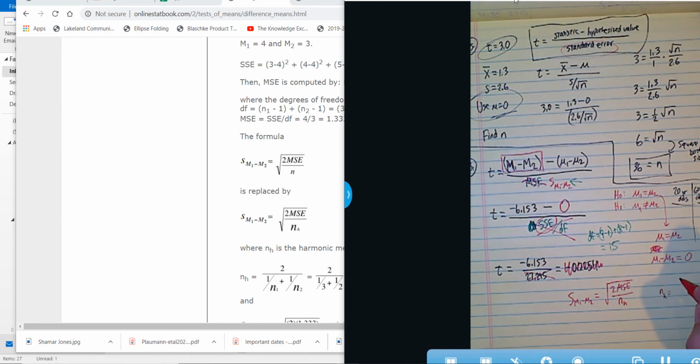Well, they tell me it's 2 over 1 over the first sample size plus 1 over the second sample size. Now in my case, those were 9 and 8. So this is 2 over 1/9 plus 1/8. And again, a calculator can help me figure that out. So I guess there's a little more work to do here. We'll go back to the calculator.